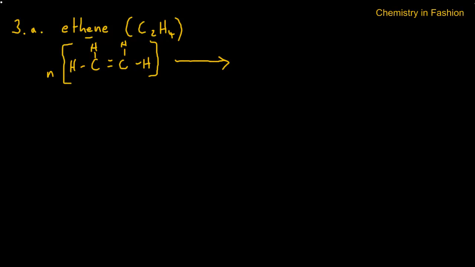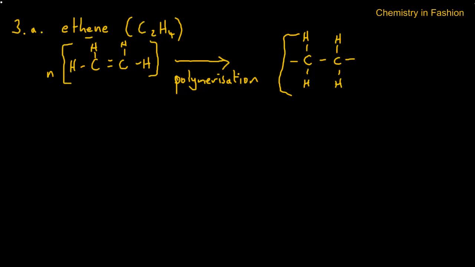And if we polymerize, so this is polymerization, and of course we're going to use that handy double bond between the carbons, so they can now have a single bond and then another bond onto the other carbons. We still have our hydrogens, of course. And once again we need to wrap it in brackets and show n.